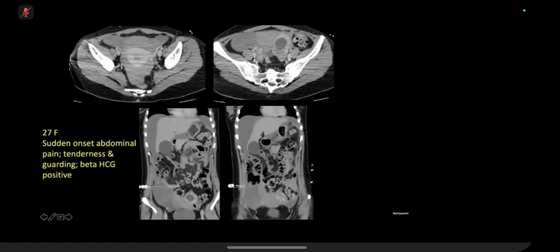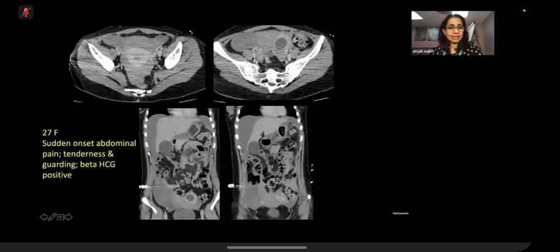Good. So this is a ruptured ectopic, and you rightly said there is hemoperitoneum, high density fluid, and there is a cystic left adnexal lesion with a thick hyperdense surrounding wall. And if you see the hemoperitoneum, it's denser surrounding that adnexal lesion. So that is a sentinel clot or a hematoma there.